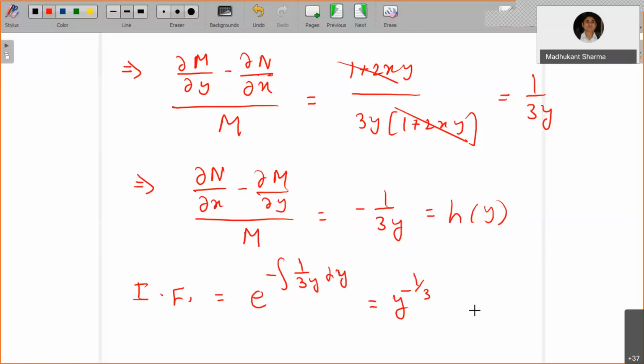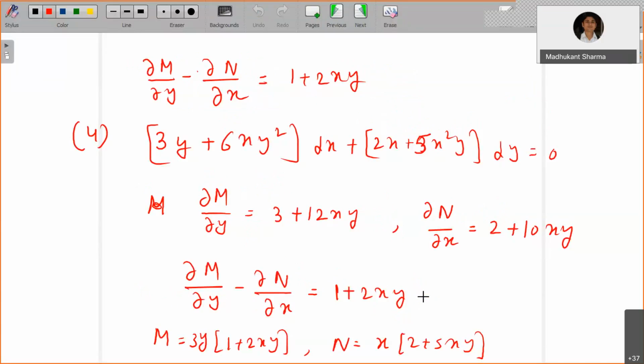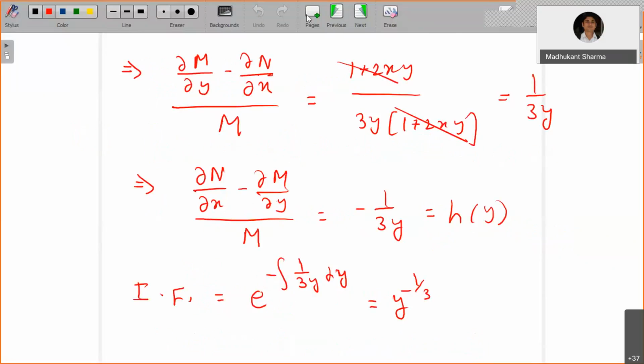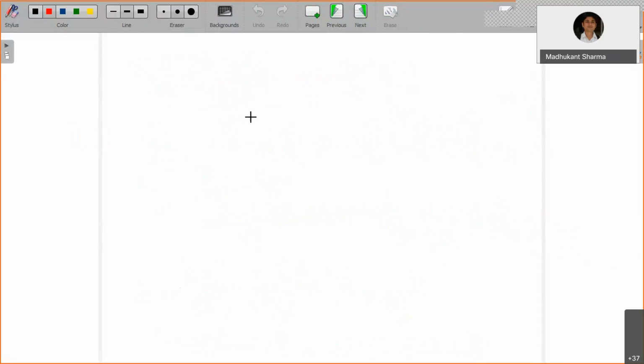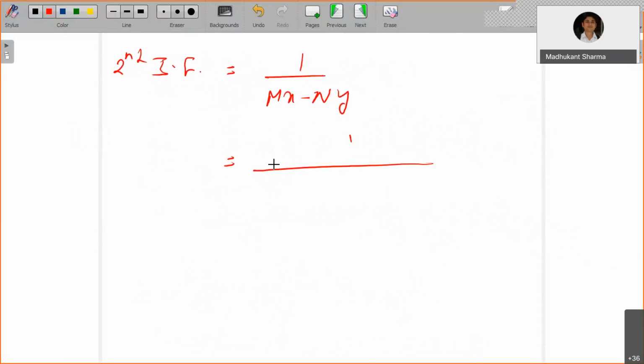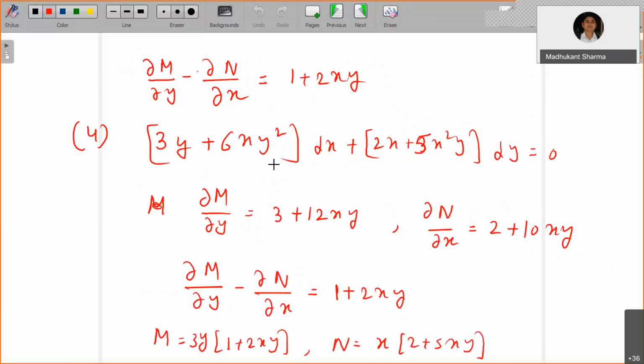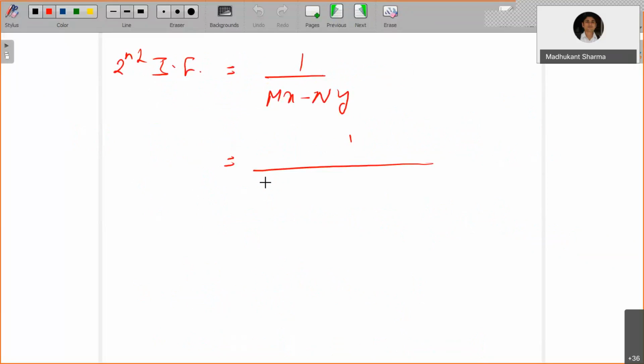So this is a simple integrating factor. Rather, if you are doing it with 1 by Mx minus Ny, let's identify what that is going to be. This is another integrating factor, the second one, equal to 1 upon Mx minus Ny. That is 1 upon 3xy plus 6x squared y squared minus Ny.